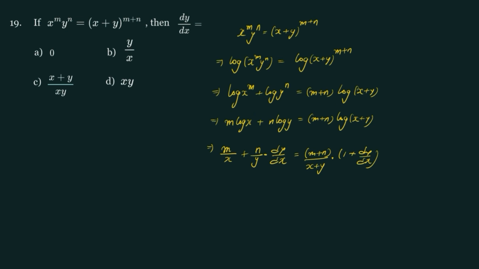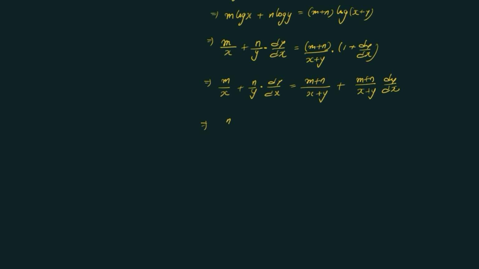So now we will write dy by dx on the left hand side and try to find the value of it. So let us open the bracket here. It will be m plus n by x plus y plus m plus n by x plus y into dy by dx. So let us write dy by dx on the left hand side.